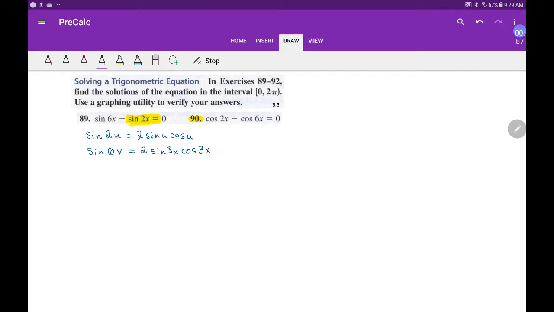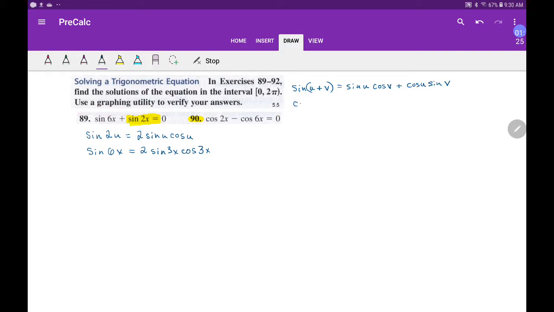And sine of 3x, if you recall, we have sine of u plus v is equal to the sine of u. These are called the sum and difference formulas, and we're just going to use the ones that are the sums. Sine lets cosine come in here first, and then it has a first turn, if you remember.